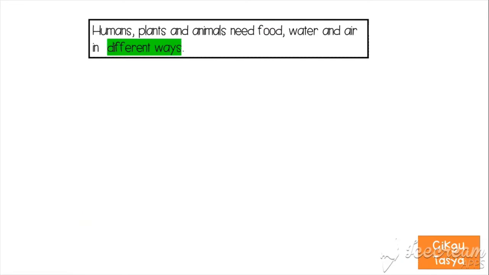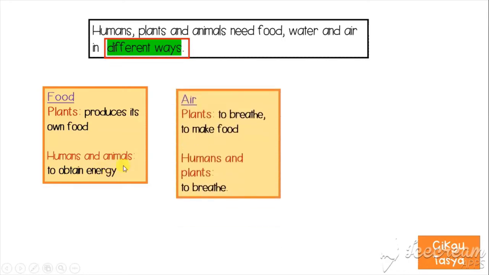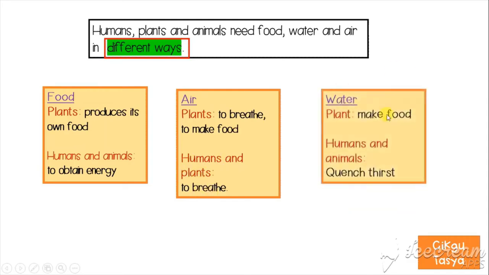Okay, so let's recap everything in one slide. Humans, plants, and animals need food, water, and air in different ways. Food: plants produce their own food, humans and animals obtain energy. Air: plants breathe and make food, humans and animals breathe. Water: plants make food, humans and animals quench thirst.